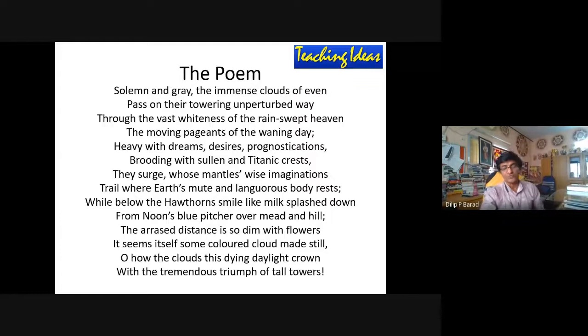What is the image you get from the first two lines? If you pick up image after image, then you can try to see what the total picture meant to you. Yes, Khushbu, you can also tell why you said home. What in the poem was telling you that it is the homecoming of the people?